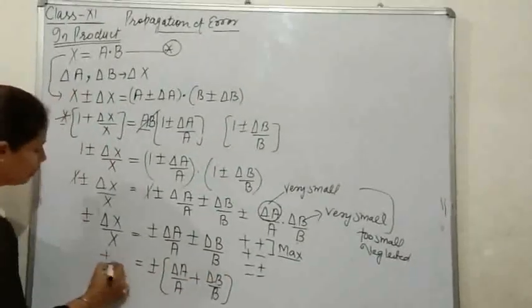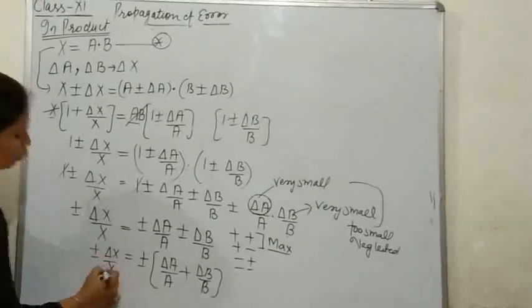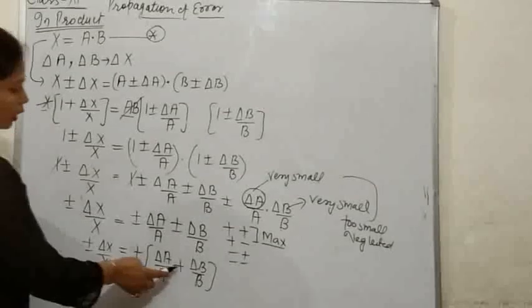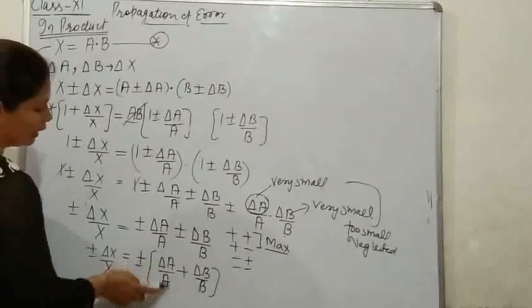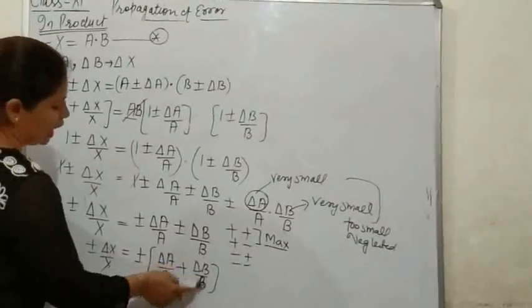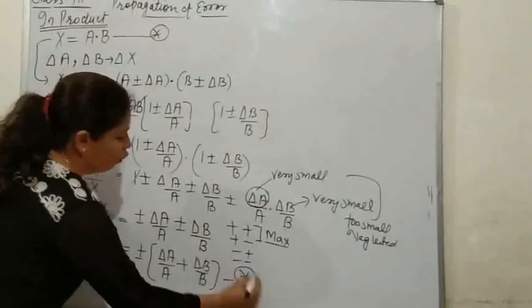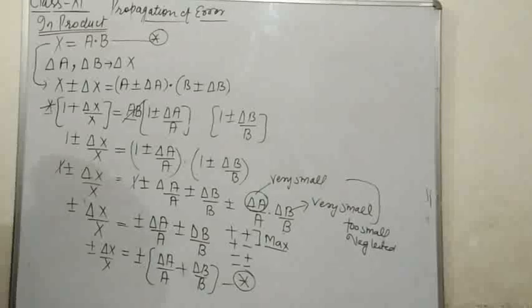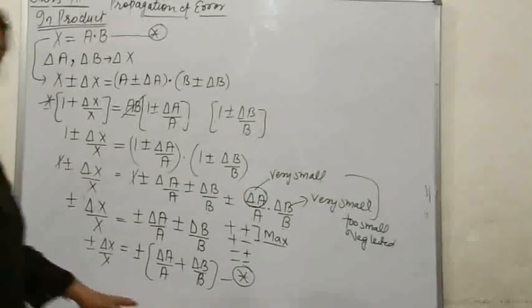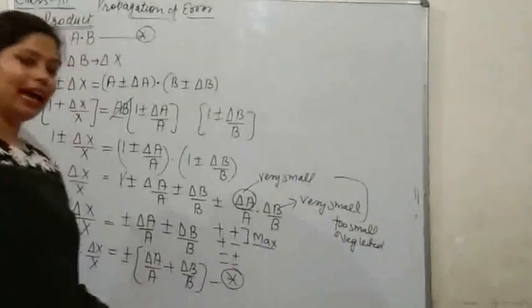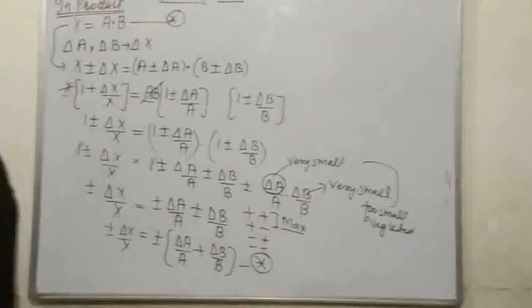It is the plus minus delta x upon x. What is this indicating? That fractional error in x is equal to the sum of fractional error in a and fractional error in b. You have to learn this equation for going through the numerical section. Clear up to now? You have to learn. Now pursuing towards the fourth step, that error in quotient.